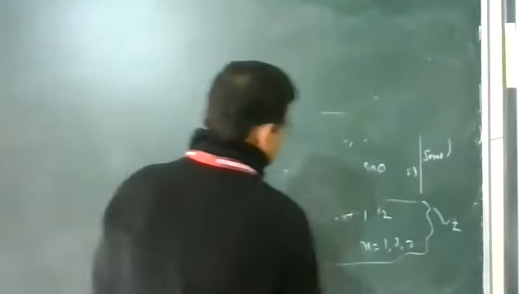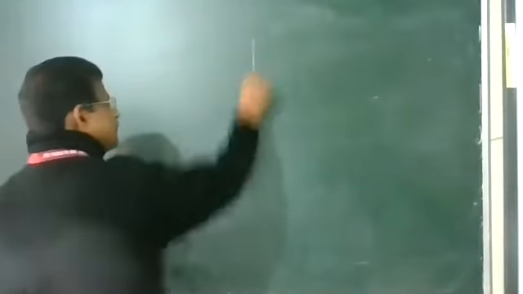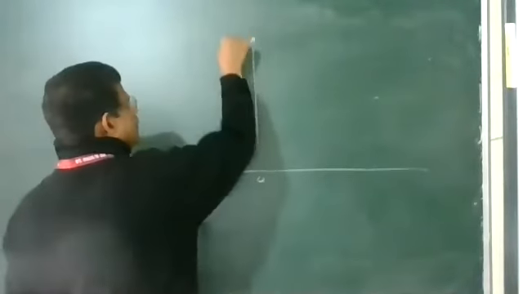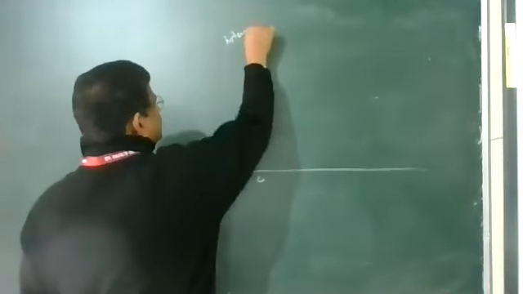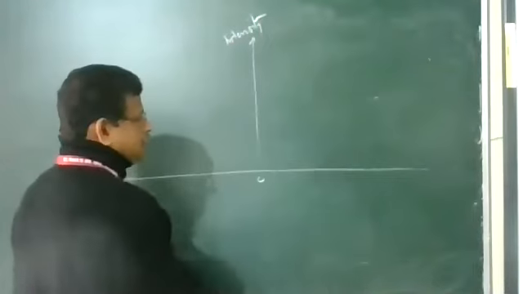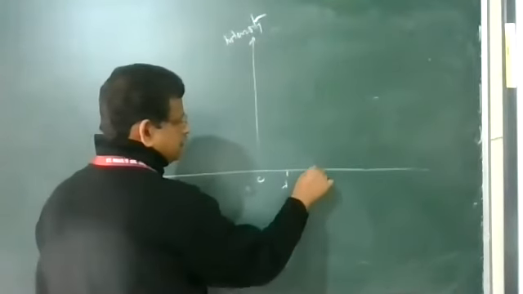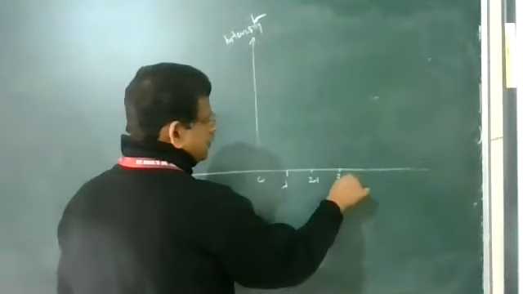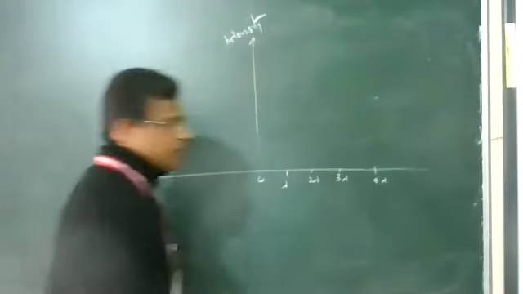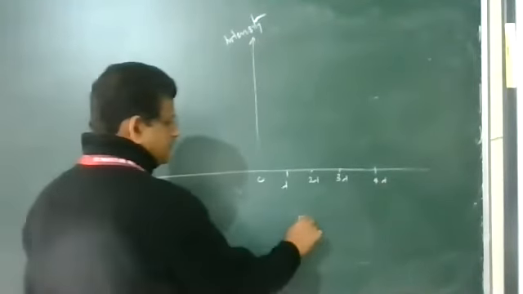Plot the variation of intensity with path difference. On the screen, intensity. This is lambda, 2 lambda, 3 lambda, 4 lambda. These are the path differences we are writing.